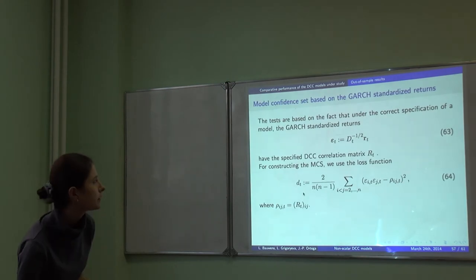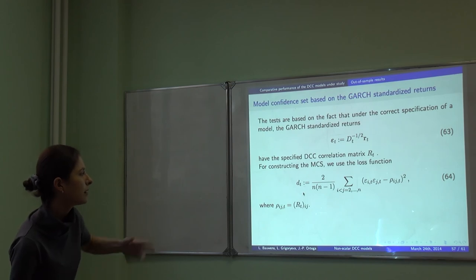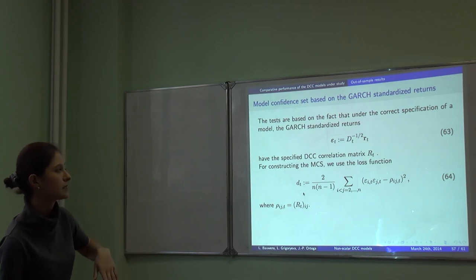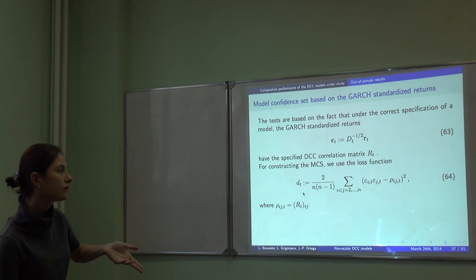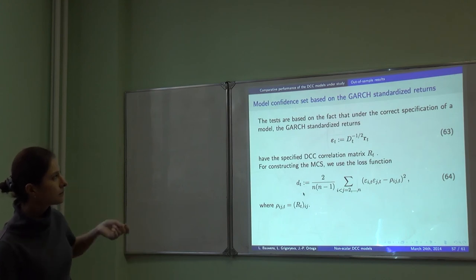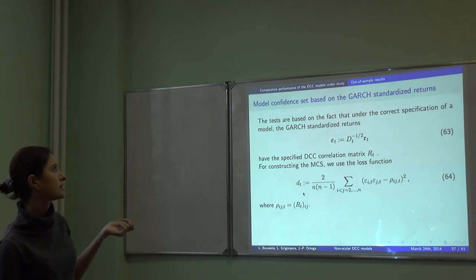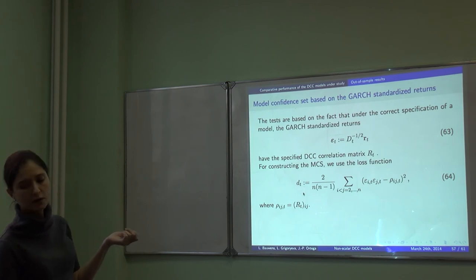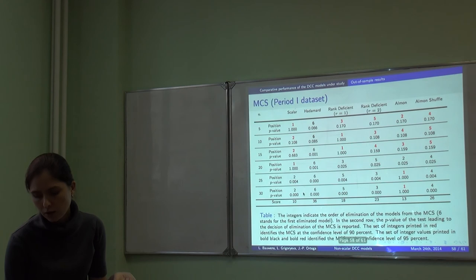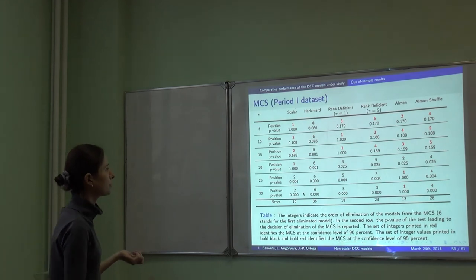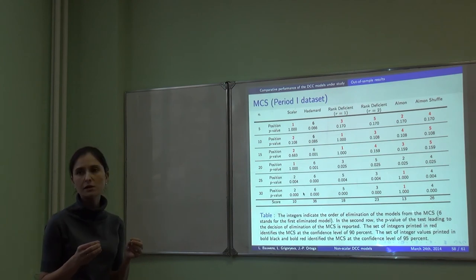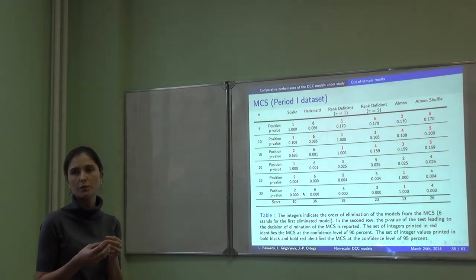There are many tests that we conducted, and we left not all of them in our paper. One method that we like is the so-called model confidence set test, of which I show you the results. Given some confidence level, it selects the subset of models that are assumed to be equally performing.